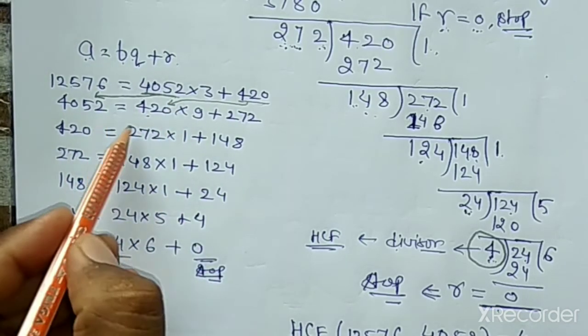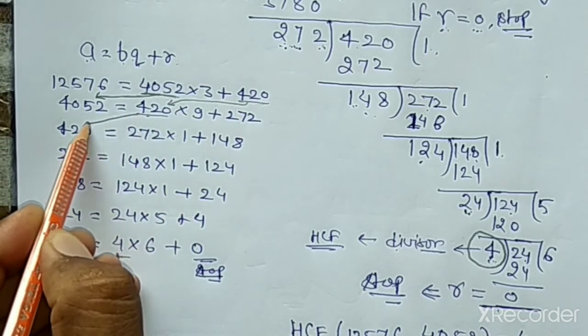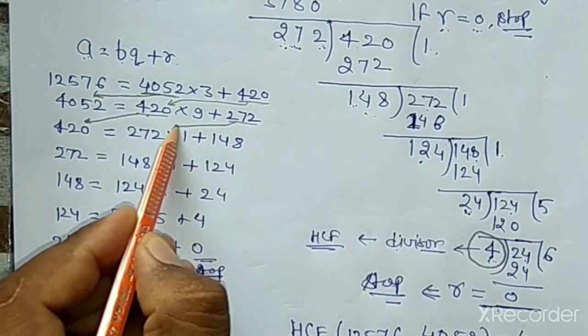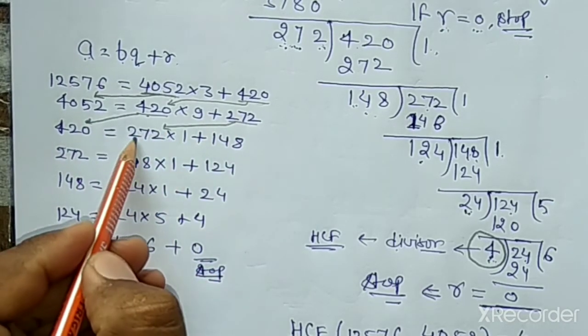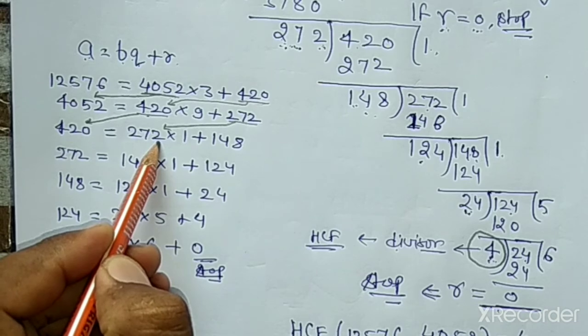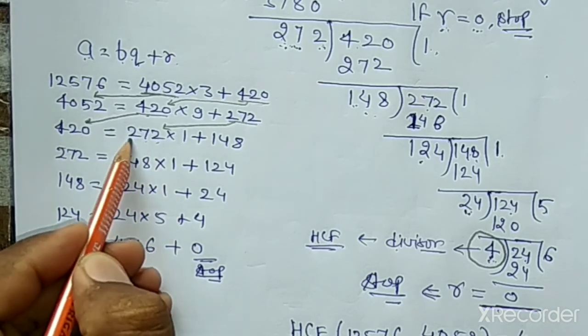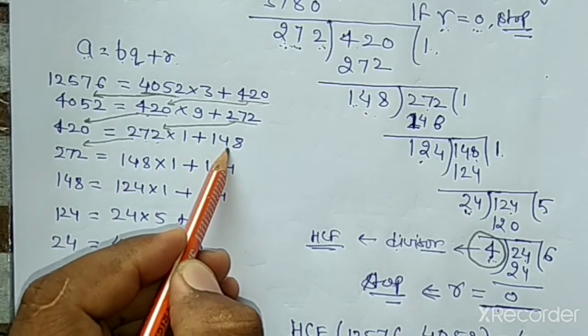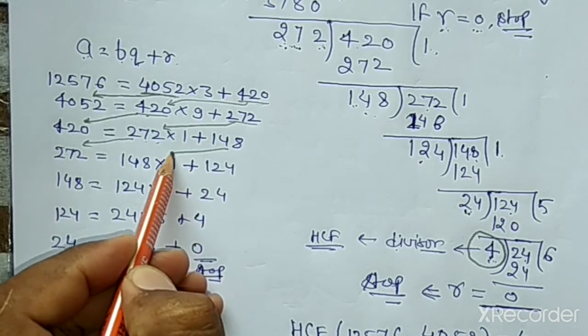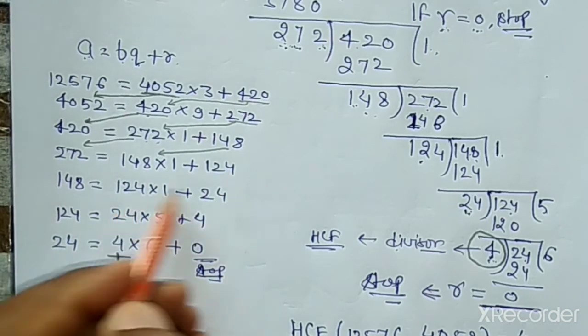Okay, similarly it comes here and it comes here. Similarly, this divisor comes next time as the dividend, and this remainder comes here as the divisor. Okay, so similarly you can go through it.